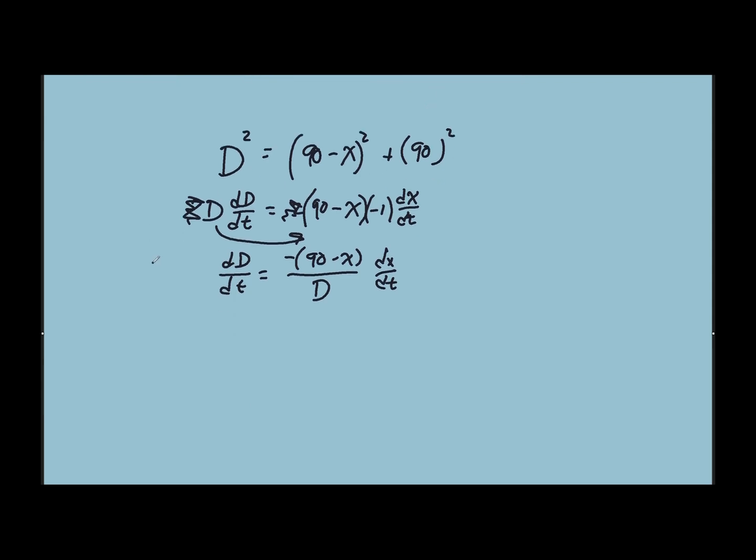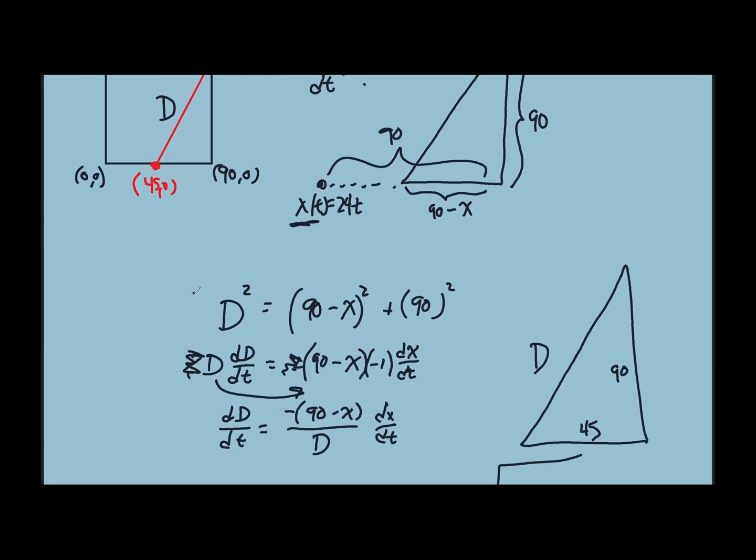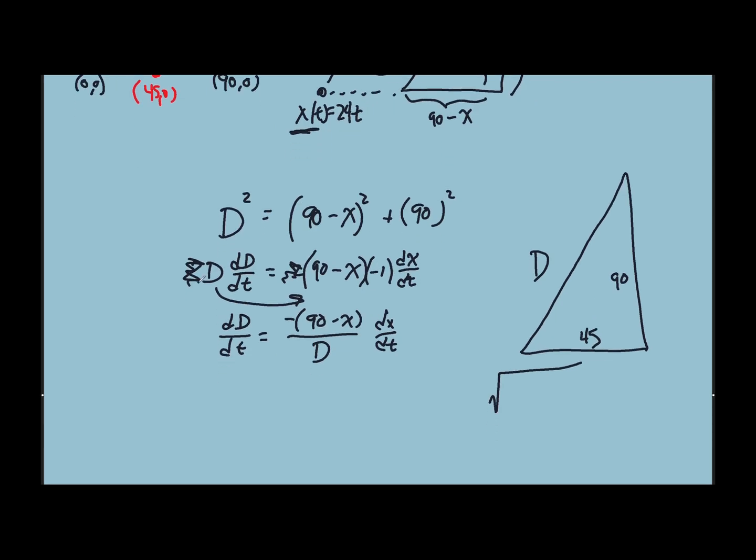And what's D? Well, our triangle gives us D. D is the square root of, this length is 45 and this length is 90. Remember they told us where we are in position. So 45 squared plus 90 squared. I feel like that's going to be hard to do in my head.